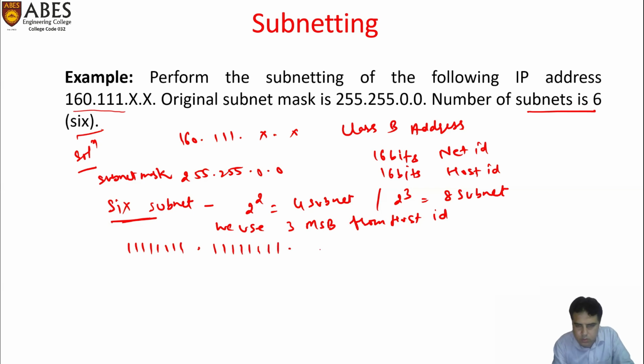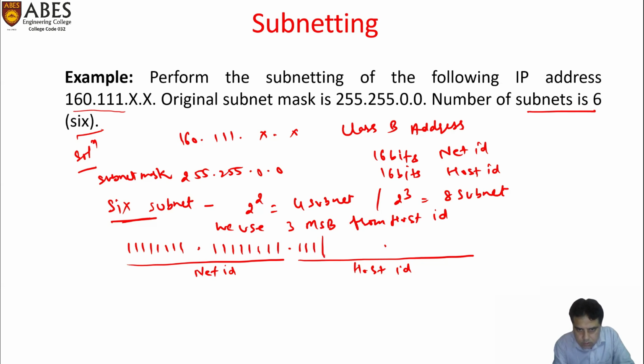This is the class B. 16 bits are used for network ID, and the remaining 2 octets are used for the host ID. For this, we use 3 bits, 1, 2, 3. This is used to create the subnets.